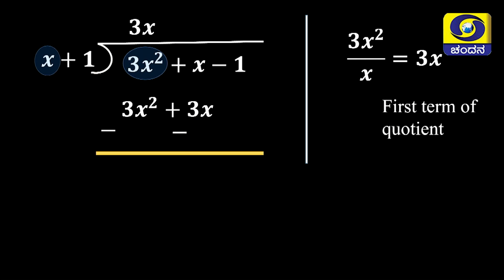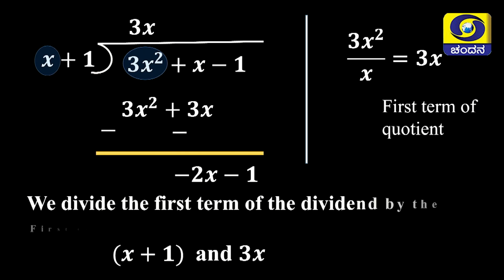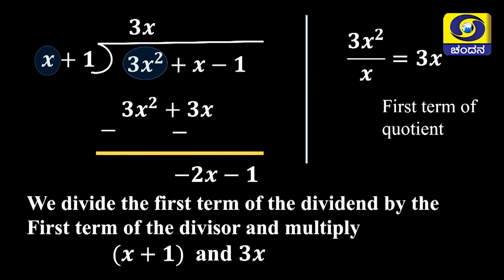Plus x minus 3x gives minus 2x, and minus 1 is written as it is. Now we have completed the first step. Again we divide the first term of the dividend by the first term of the divisor and multiply x plus 1 by 3x. This is the process we have done.